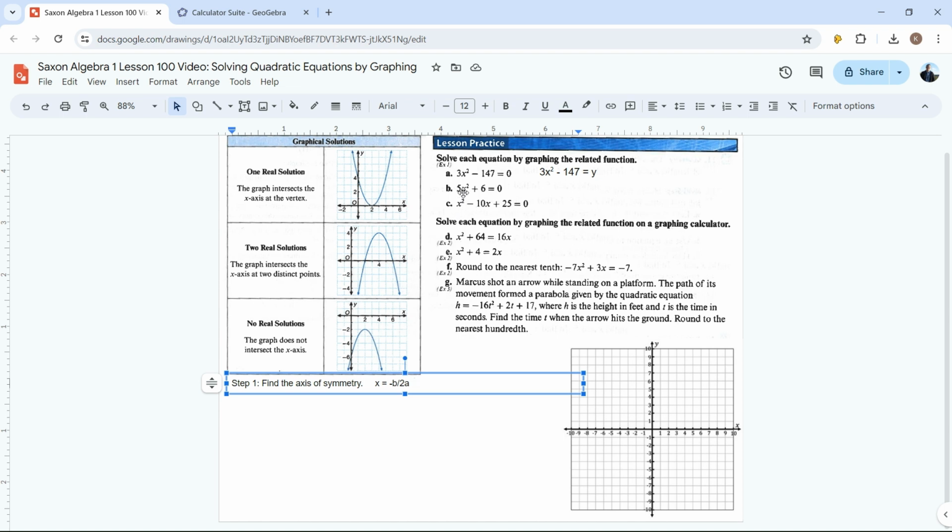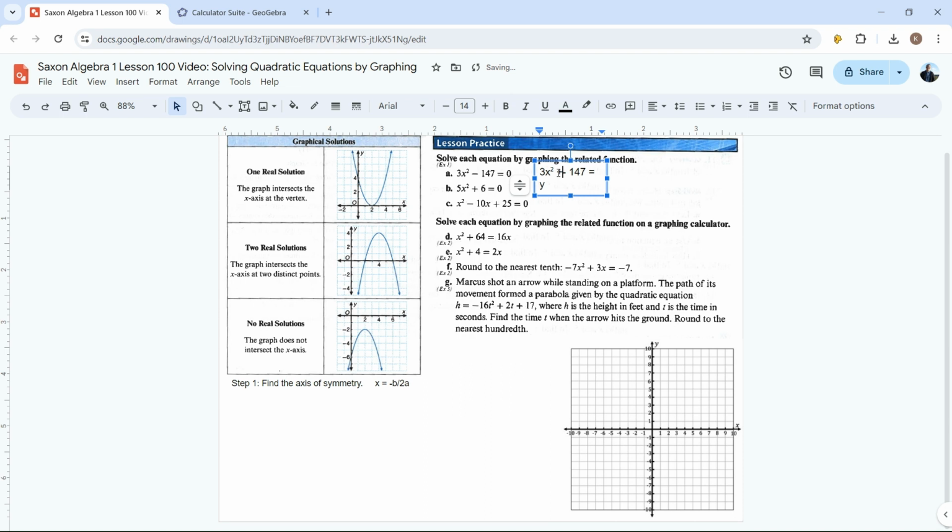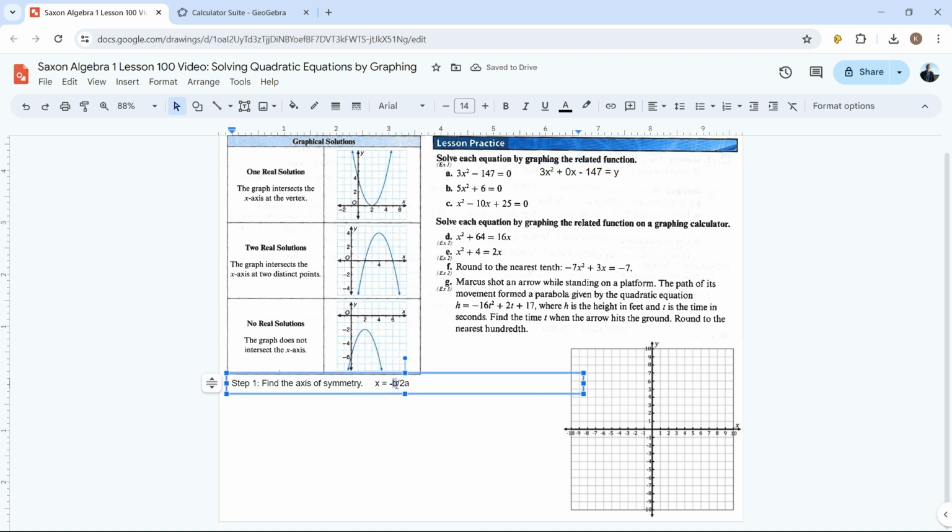The problem is that for a, we don't have just an x term like this. So actually what's going on in a and b also is that our x term is 0. It's almost like we have a plus 0x in there. And what that does is it means that our coefficient b here is 0, which means that our axis of symmetry is 0.